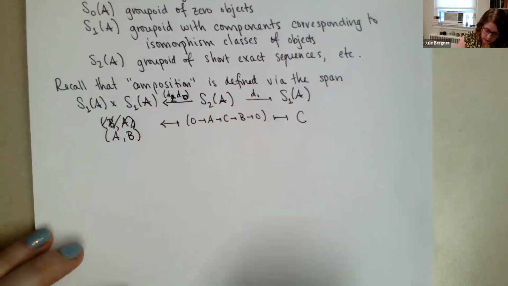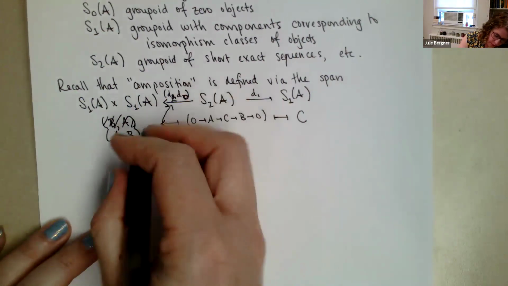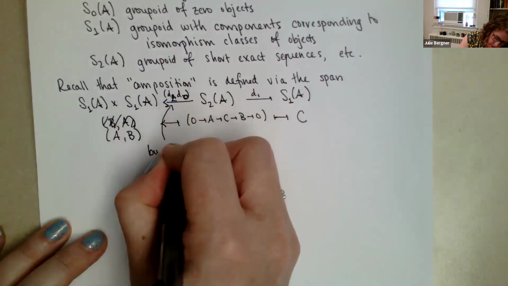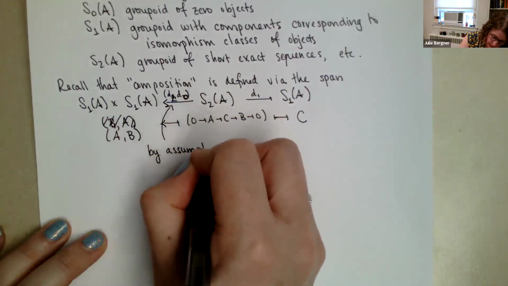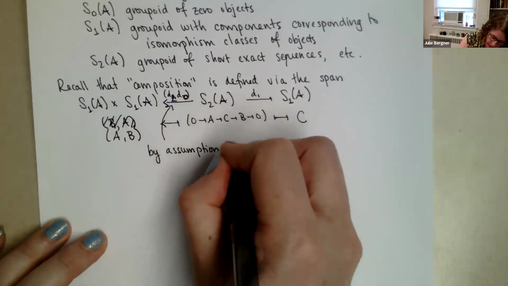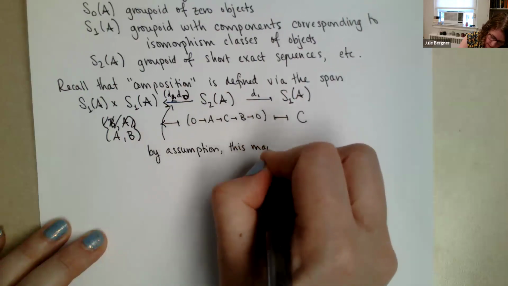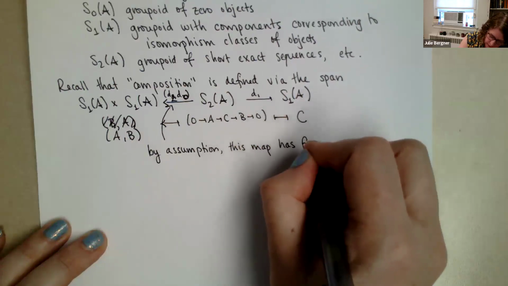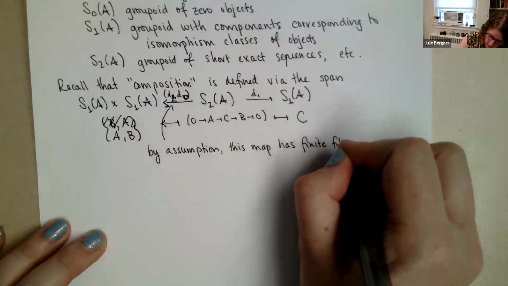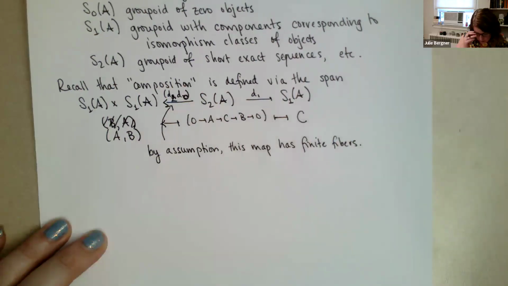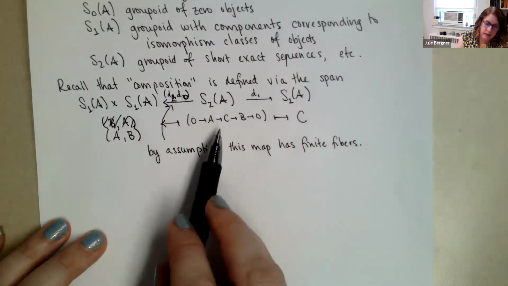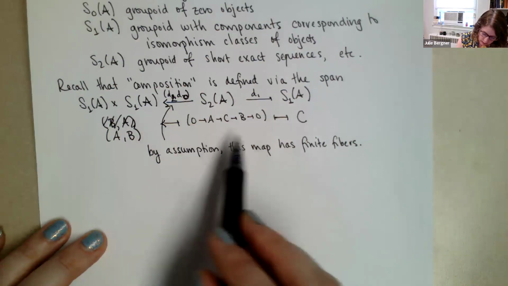Now by our finitary assumption, this map has finite fibers. And that's partly coming from this X1 condition.